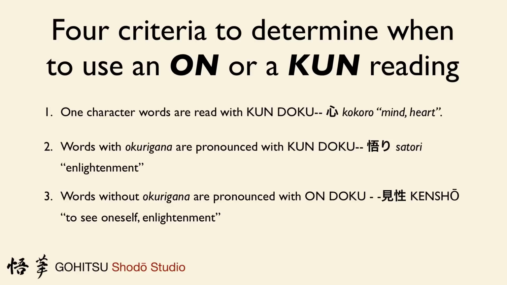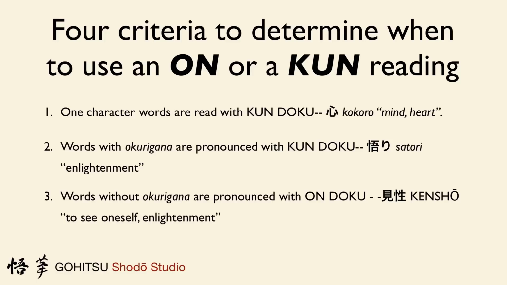So when you put those together, you form the word kensho, because both kanji are using their on reading. The reason why you're using the on reading is because there's no okurigana involved in this word. This word means to see oneself, or enlightenment also.